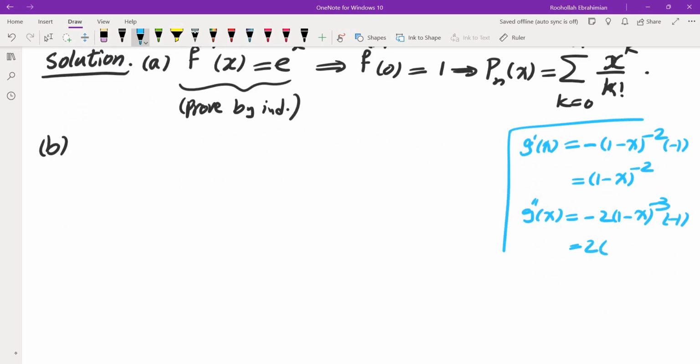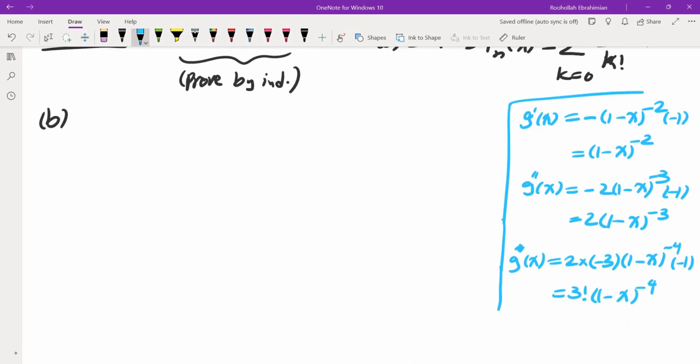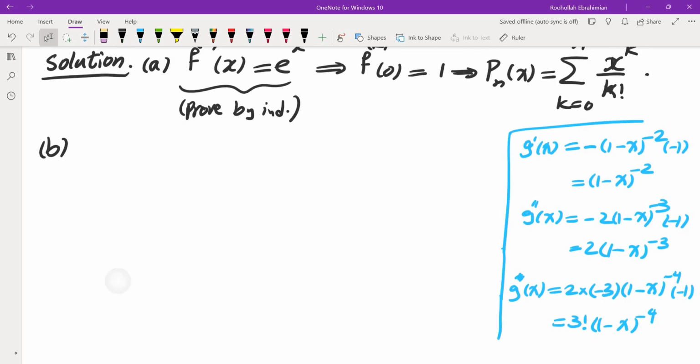So that's 2 (1 minus x) to the power of -3. If you take the third derivative, you get 2 times -3 (1 minus x) to the power of -4 times -1. So that is 3 factorial (1 minus x) to the power of -4. So you can see the pattern here, and we are going to prove this one by induction.